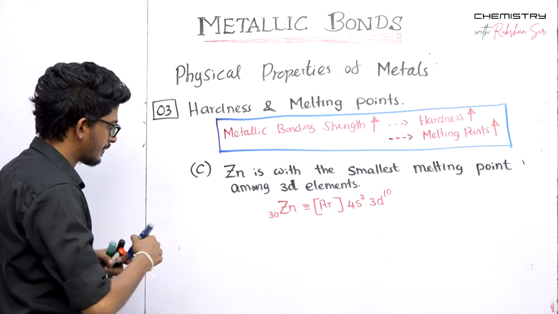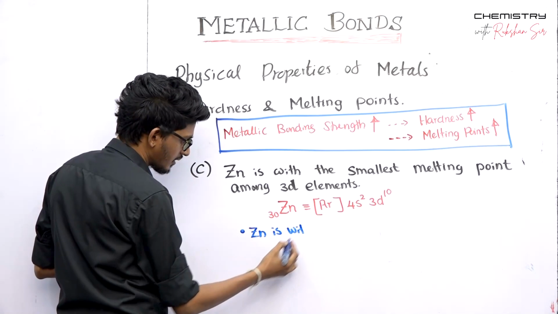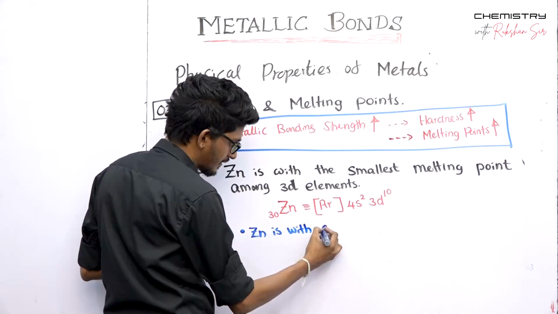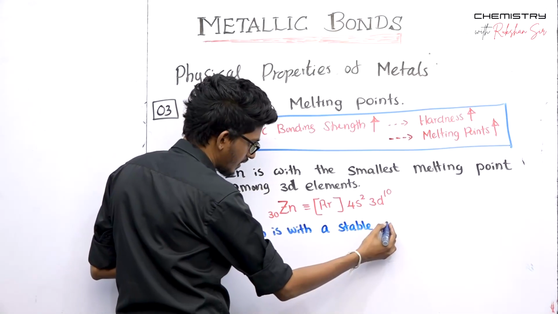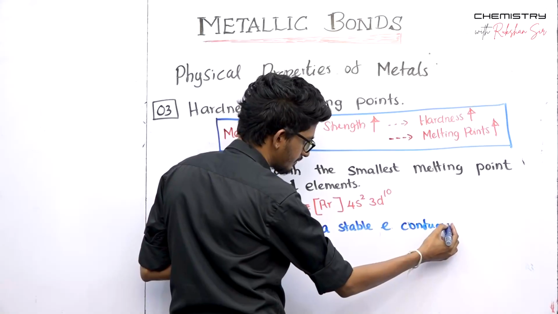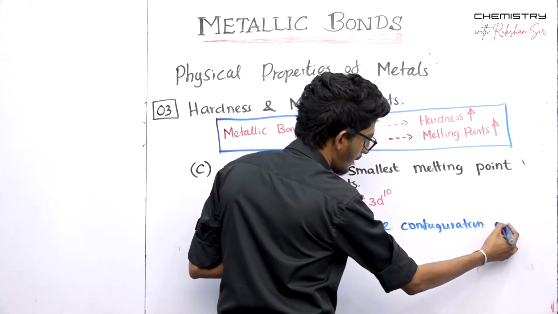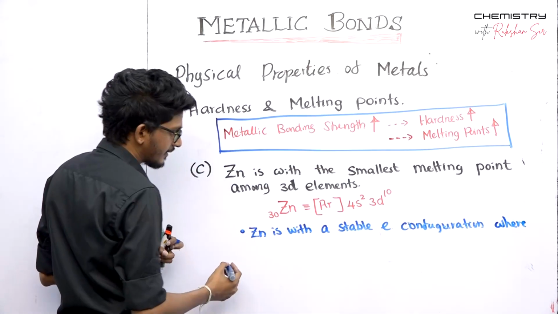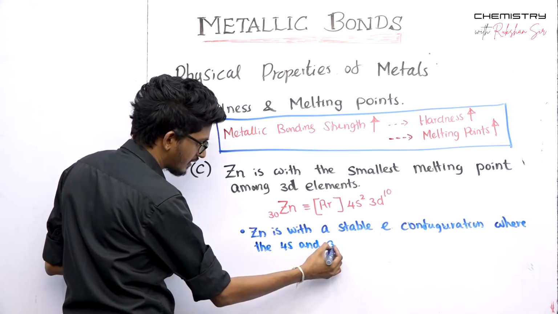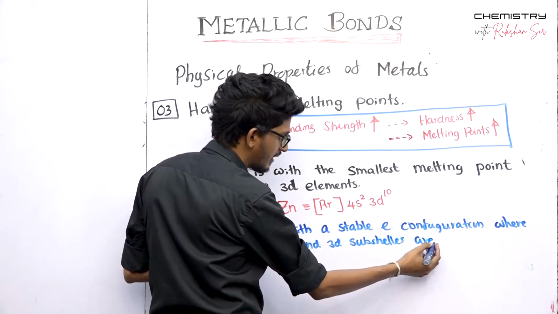So we can write: zinc has a stable electron configuration where the 4s and 3d subshells are completely filled.